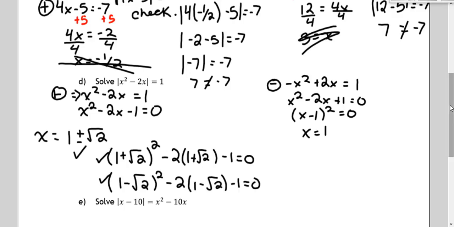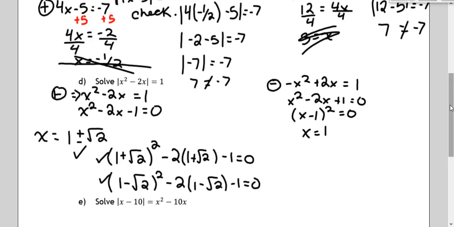And this would just be 1 squared minus 2 minus 1 equals 0. Am I doing that right? Wait a second. So then this would be better off doing it this way.